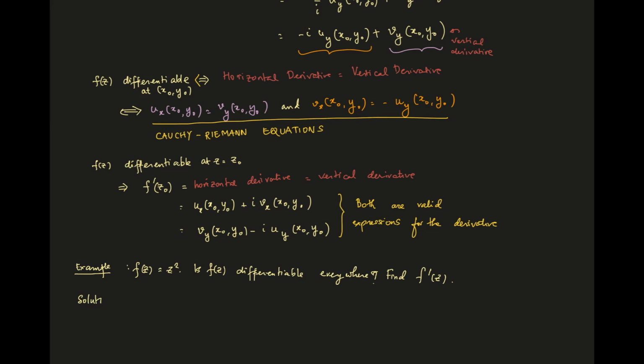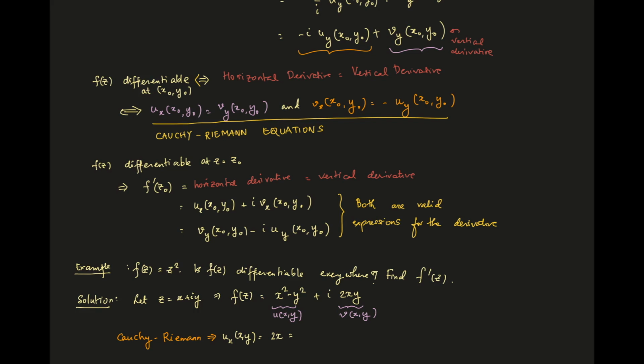Okay. So let's first write z as x plus iota y, and let's write f(z) in terms of the real and imaginary parts. The real part u(x,y) is simply x squared minus y squared, and the imaginary part is 2xy. If the Cauchy-Riemann equations are to be satisfied, then ux is equal to 2x, and notice that this is the same as vy, so the first Cauchy-Riemann equation is satisfied.